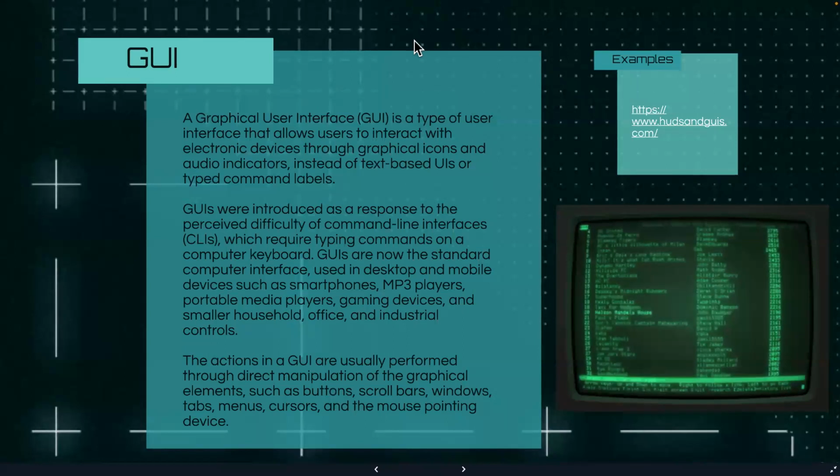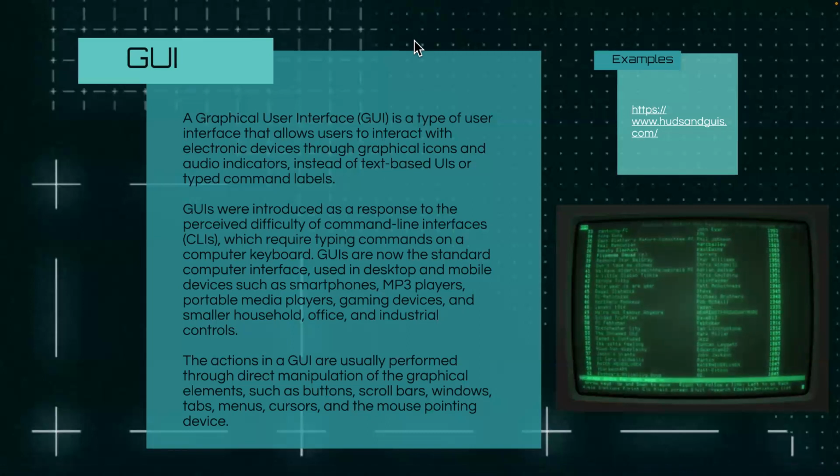A graphical user interface, or GUI, is a type of user interface that allows users to interact with electronic devices through graphical icons and audio indicators, instead of text-based UIs or typed command labels. Okay, so what does that mean?